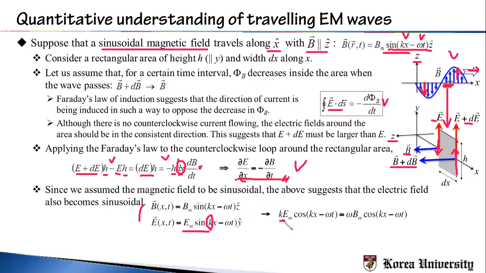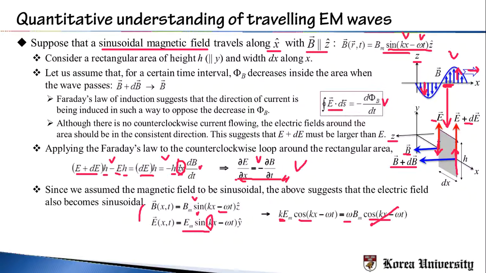For the magnetic field, you take the time derivative, so minus omega has to come out, but there is another minus here, so it becomes plus omega. On both sides, sine became cosine.